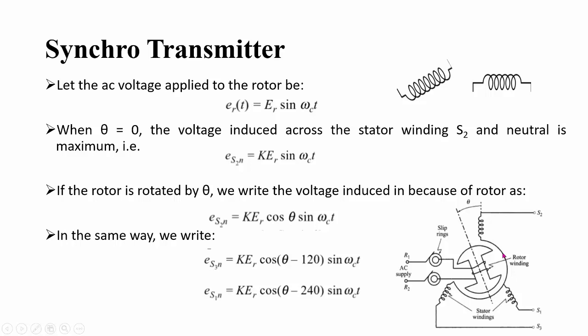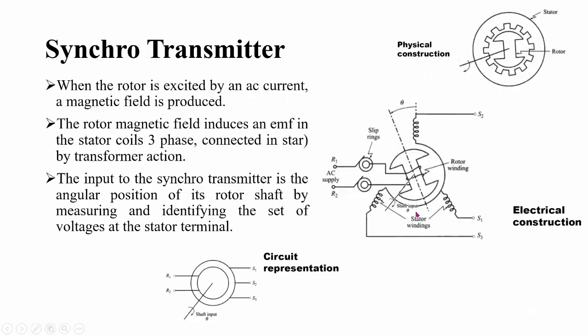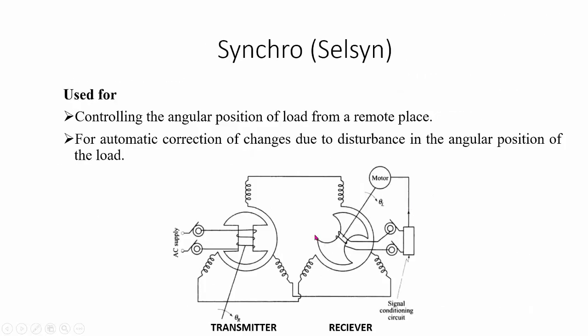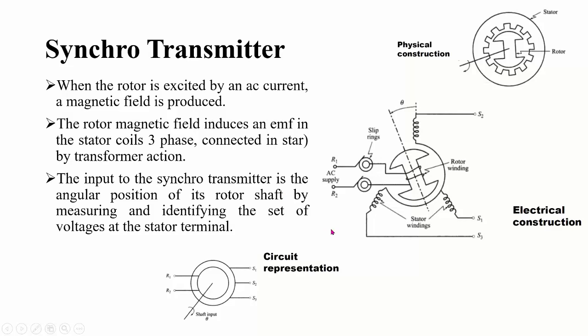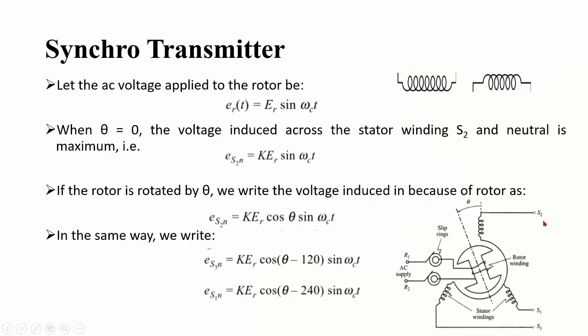Now, if you look at this figure, we are not using the neutral in any place. What we are doing is feeding all the output terminals S2, S3 and S1, and connecting these terminals to the stator of the receiver side. So the voltages that we can access are not S2n, S1n or S3n. They are not accessible because we cannot access the neutral.